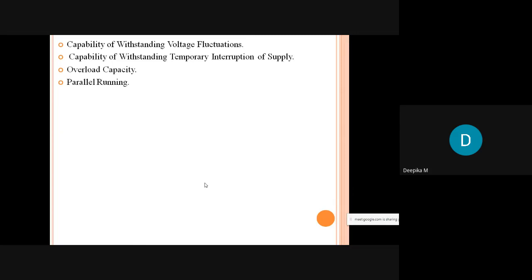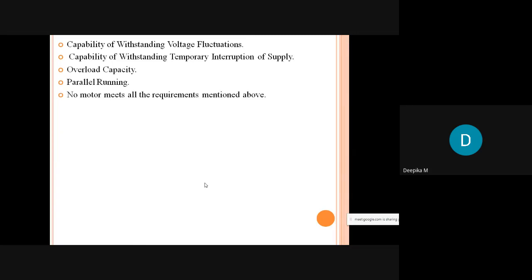With these kinds of combinations, all motors should share the load equally. That is nothing but parallel running.